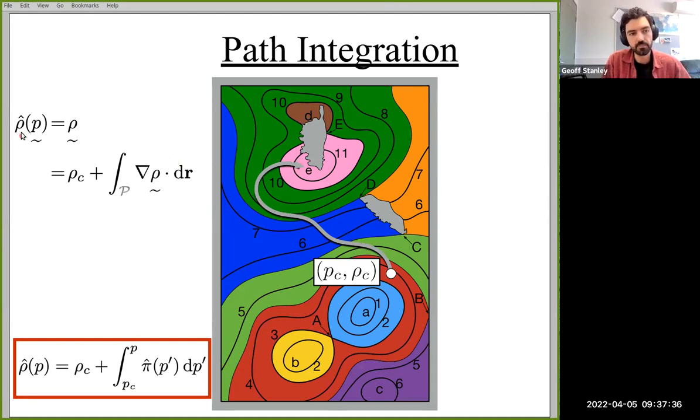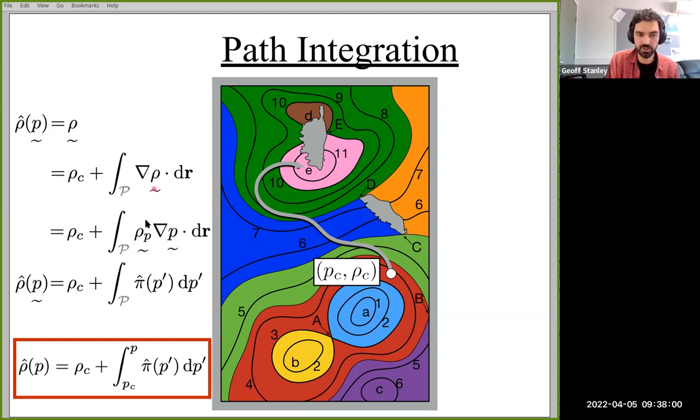So rho hat at some pressure, say P, if we want to evaluate the density at this point here in the pink region, well, the density is some value there. And I could rewrite the density as a path integral starting from this white point here. So I've got the density there, and I just do a path integral of grad rho along that path.